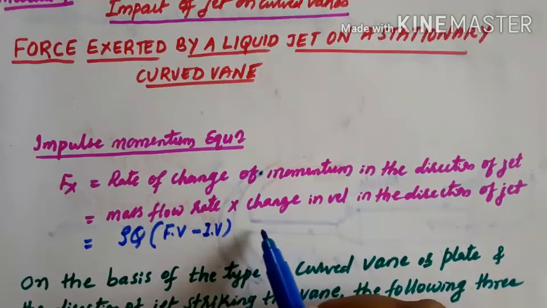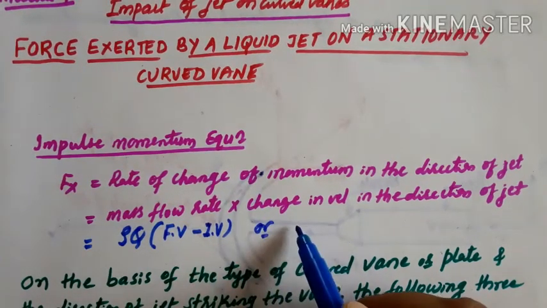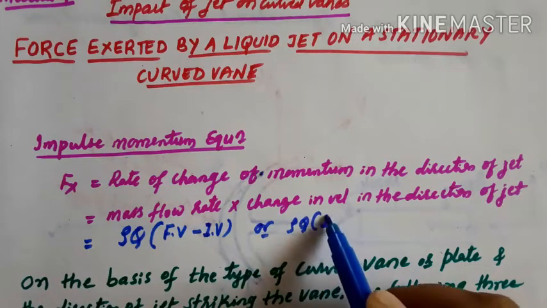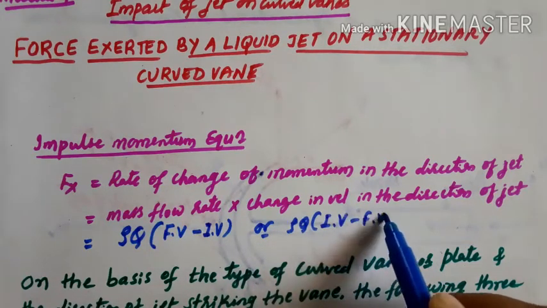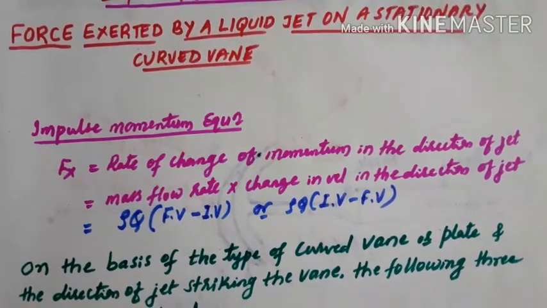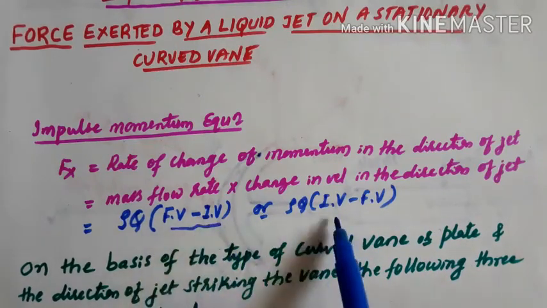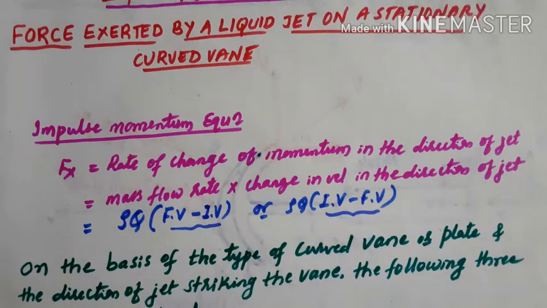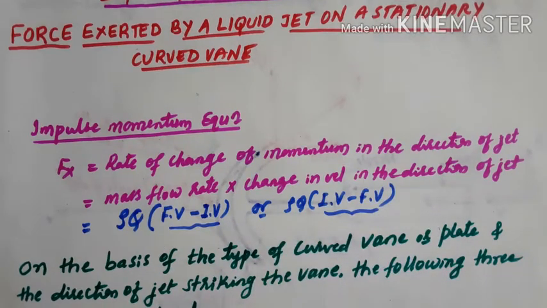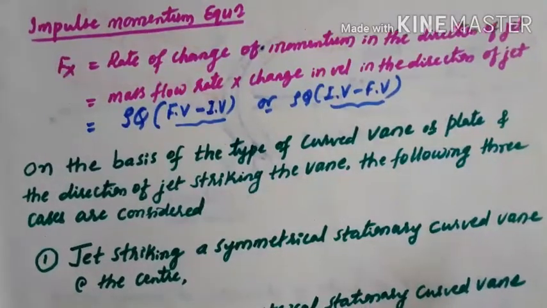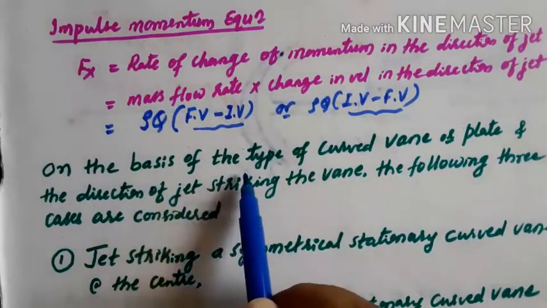Or else you can write rho Q into initial velocity minus final velocity. So that is mass flow rate into change in velocity.